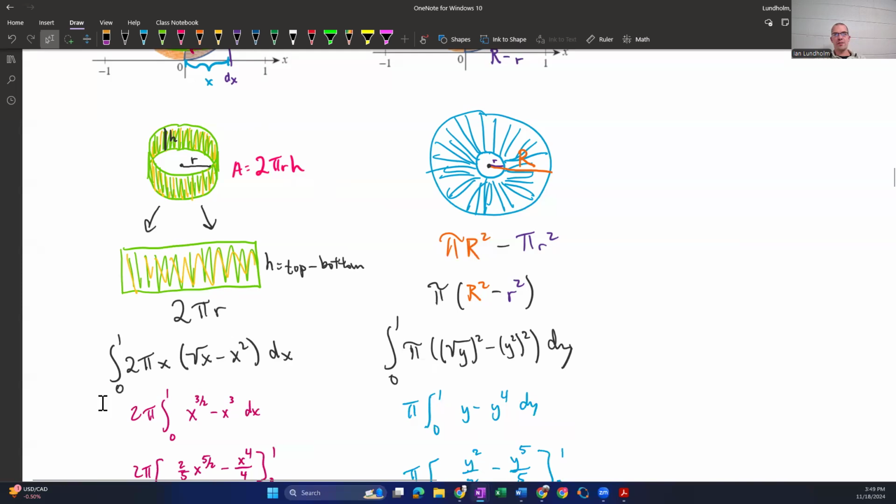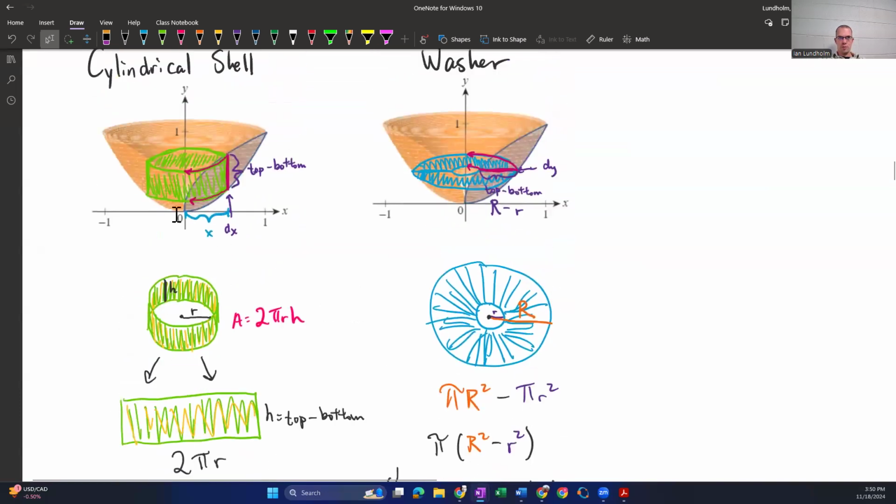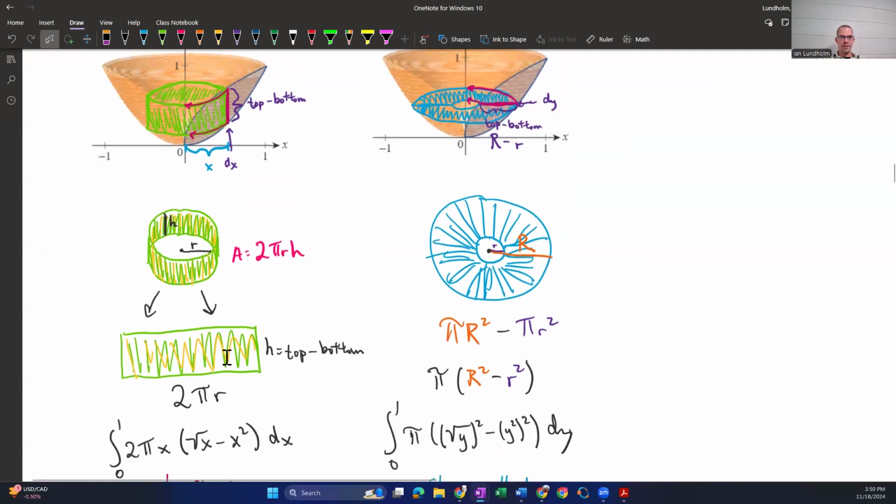So as we do this volume of revolution integral, we're going to do it based off of the area of a cylindrical shell. So we've got the 2 and we've got the pi. In this case, the radius of our cylindrical shell is just the x value because we're centering this on the y-axis for our rotation. So we're going from the center of our rotation all the way out to wherever we're making the cylindrical shell.